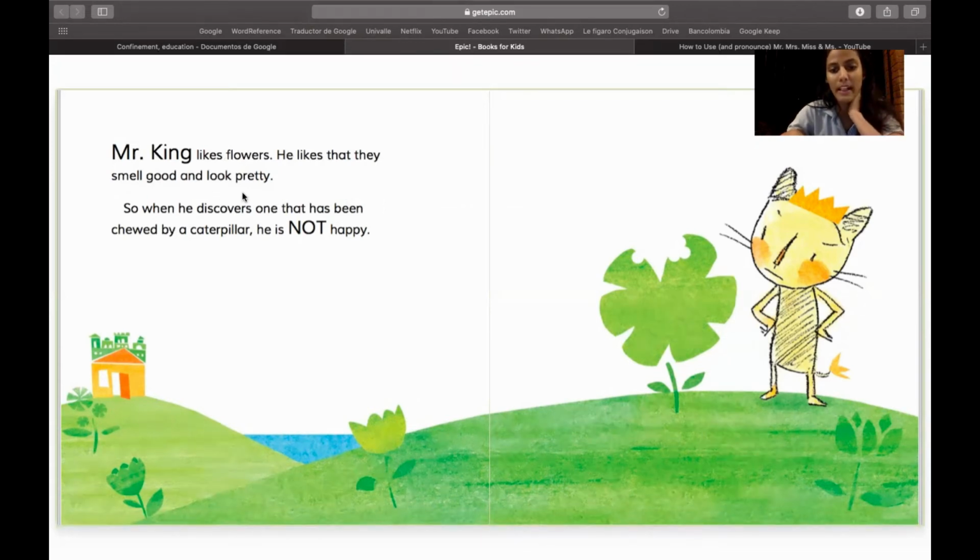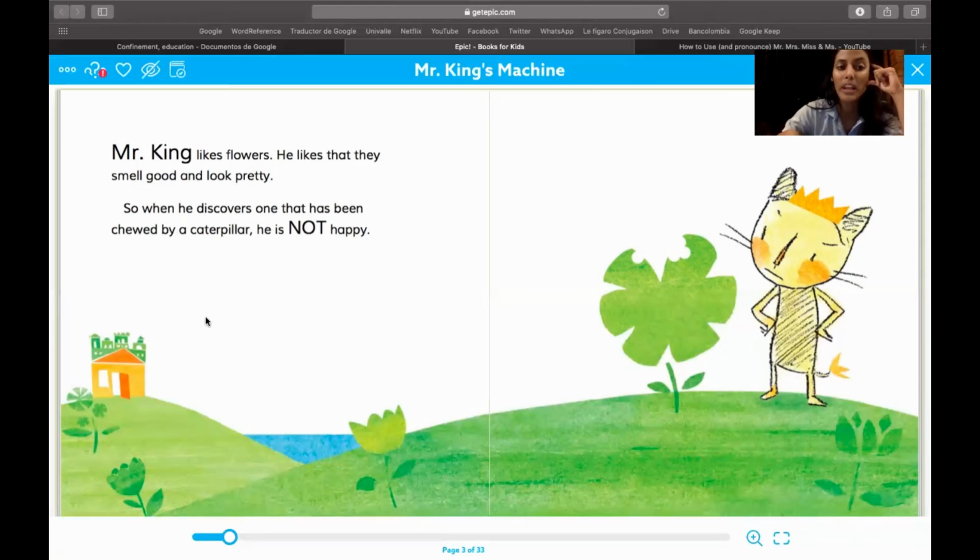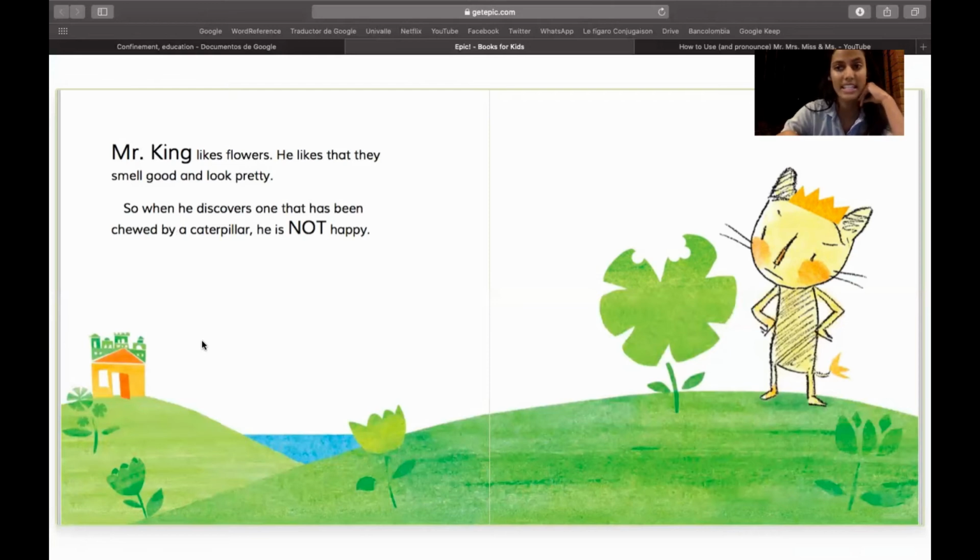So what is the smell? Like the smell of something is something you can perceive with your nose. Okay, so when he discovers one that has been chewed by a caterpillar, so chewed, masticado, he's not happy. He's not happy.